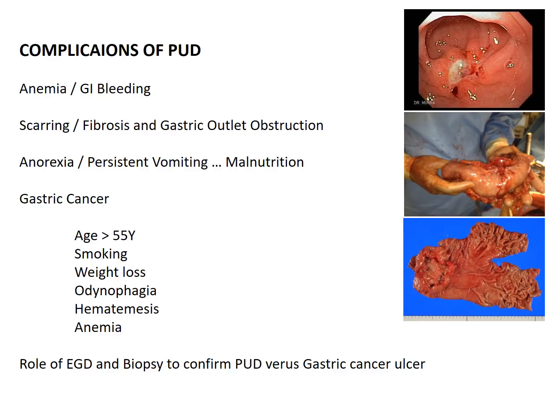So what's the difference between peptic ulcer disease and gastric cancer? Obviously, gastric cancer would show anaplasia in the GI epithelium. Risk factors for gastric cancer: age over 55, smoking. Symptoms: individuals who are losing weight, individuals who are having significant pain while swallowing and eating, individuals throwing up blood, individuals who are anemic, very similar to the risk factors and symptoms that we saw with esophageal cancer.